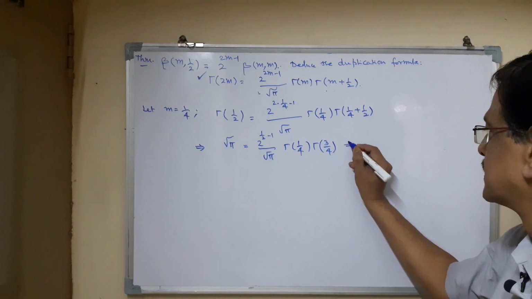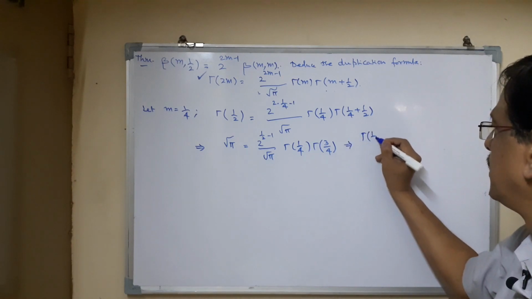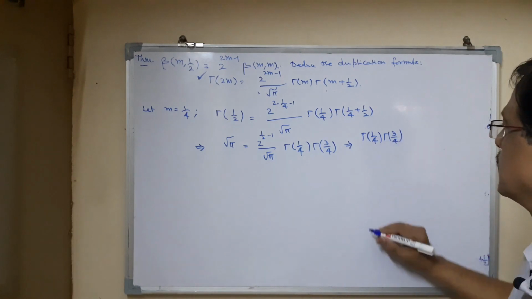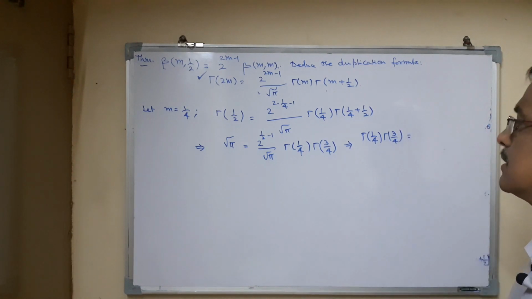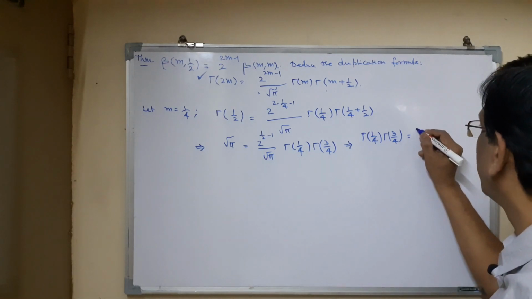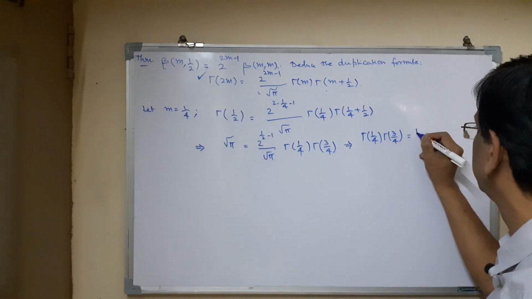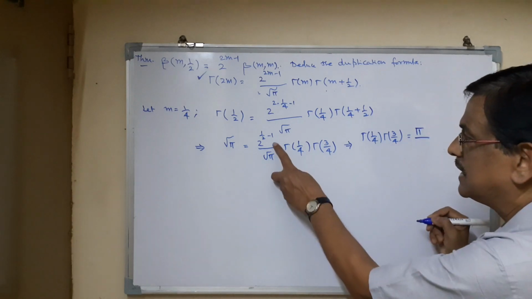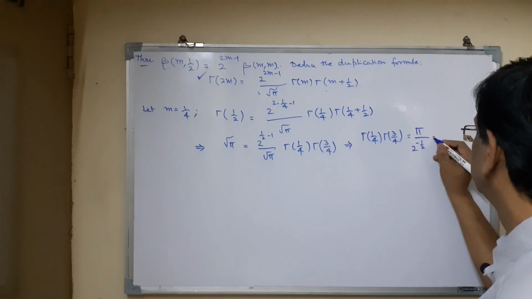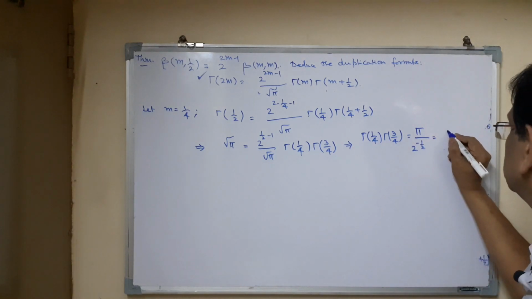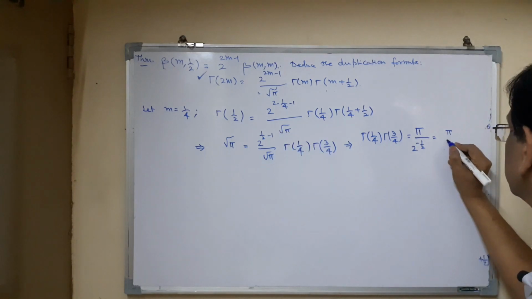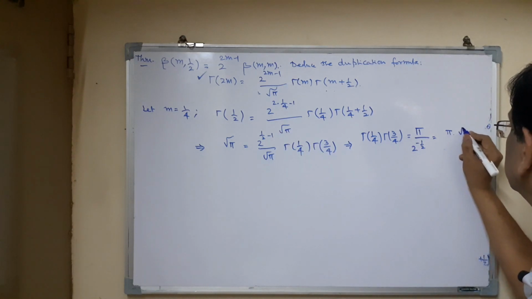So this implies gamma 1 by 4 gamma 3 by 4 is equal to, multiplying by root pi, root pi into root pi is pi, by 2 power minus half, so this is pi by root half, so pi into root 2.